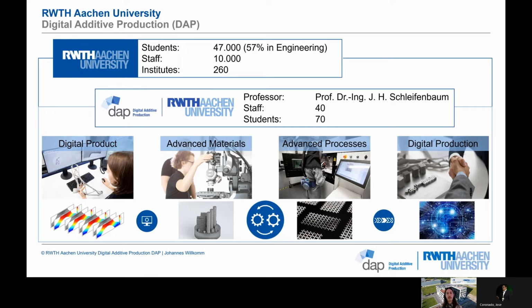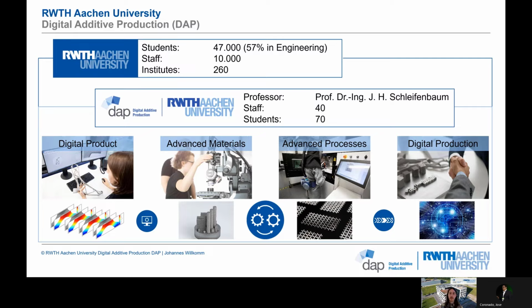So these are 2 examples for the group digital production. The advanced materials and advanced process groups, as the name says, are related to material and process development. Therefore we have several AM systems. Also for material development, we have access to a powder optimization plant. They are working on tailored material, also multi-material.